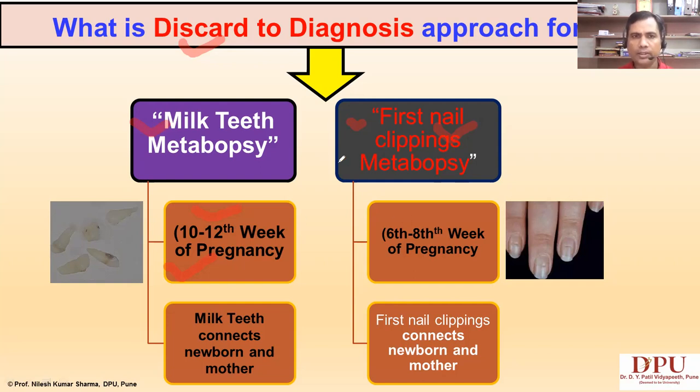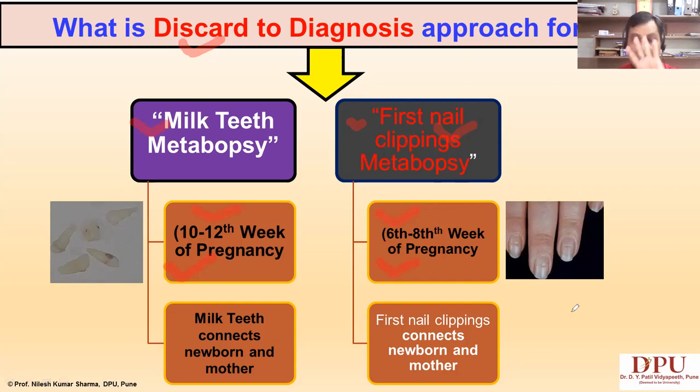Another very important point is the first nail clipping. The nail development also starts during the pregnancy period, from the 6th to the 8th week of gestation. So both milk teeth as well as the first nail clipping are representative biological materials.